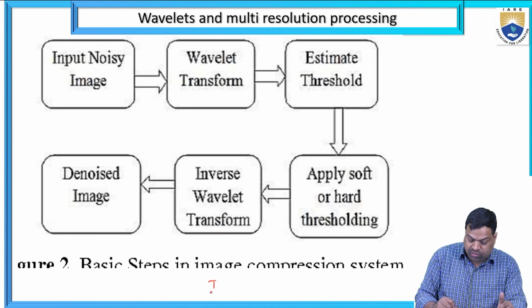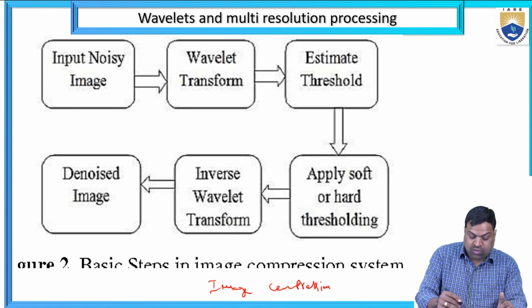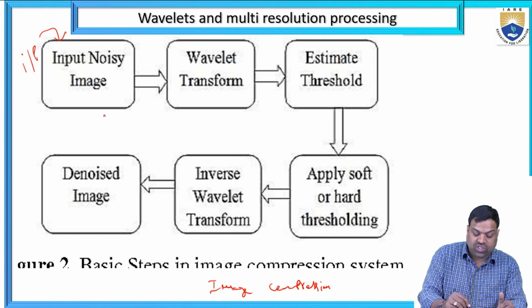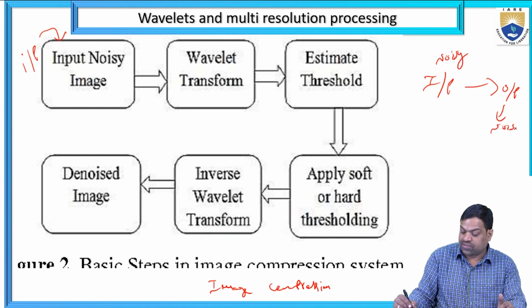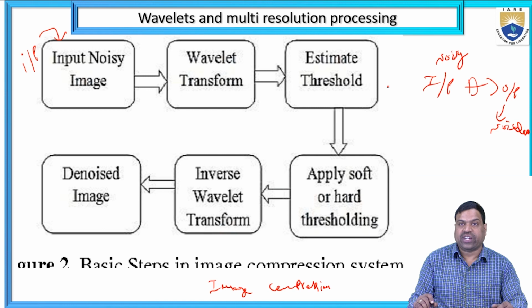So when you are going for image compression, first we have the input. The input is a noisy image. What is the difference between input and output? Input is noisy and output is noiseless. In between, we are using transformation techniques or wavelet transforms.